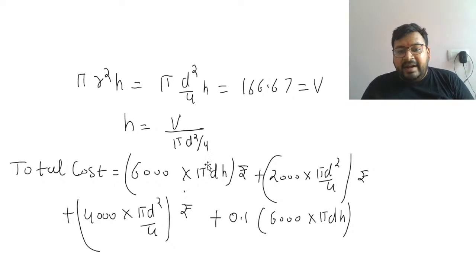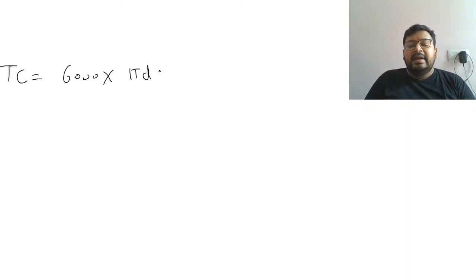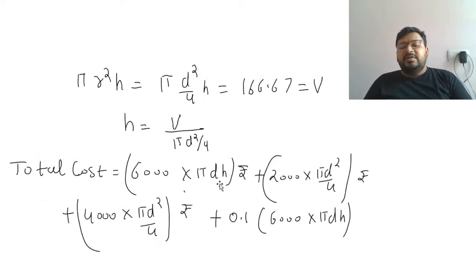So guys, let us substitute the value of h. Total cost is equal to 6000 into pi d h, and h is V divided by pi d square by 4. So I just substituted the value of h.